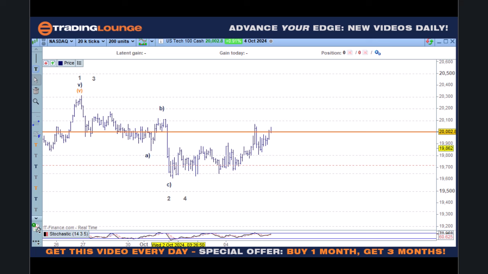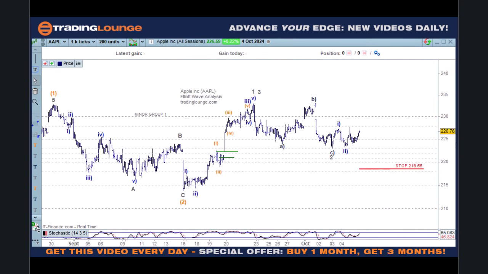Okay, so let's look at stock now, and we're looking at Apple here. We could also look at this as 1 and 2 and 1 and 2 here, which is probably most likely. We could look at it as this one over here as 1 and 2 here, and 3 here and 4 here, in that sense.